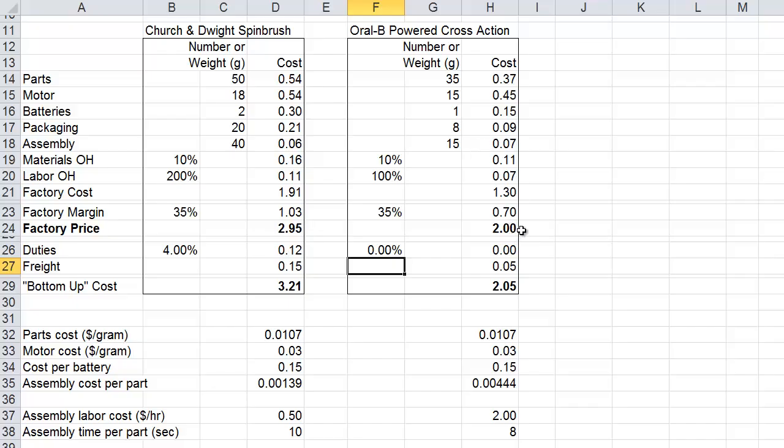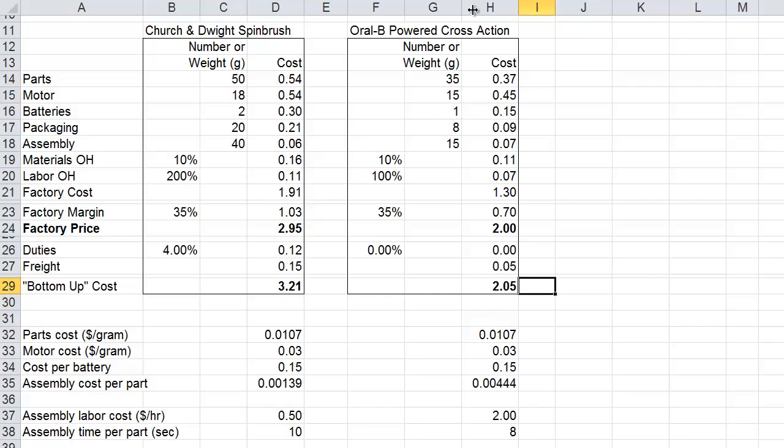What you get is a factory cost of $1.30, and then with the same factory margin, you get a factory price of $2, and then because there are no duties, and because the freight costs are lower, because all you're doing is trucking from the factory to the distribution center, the bottom up cost for the Oral-B product assembled in Mexico is $2.05.